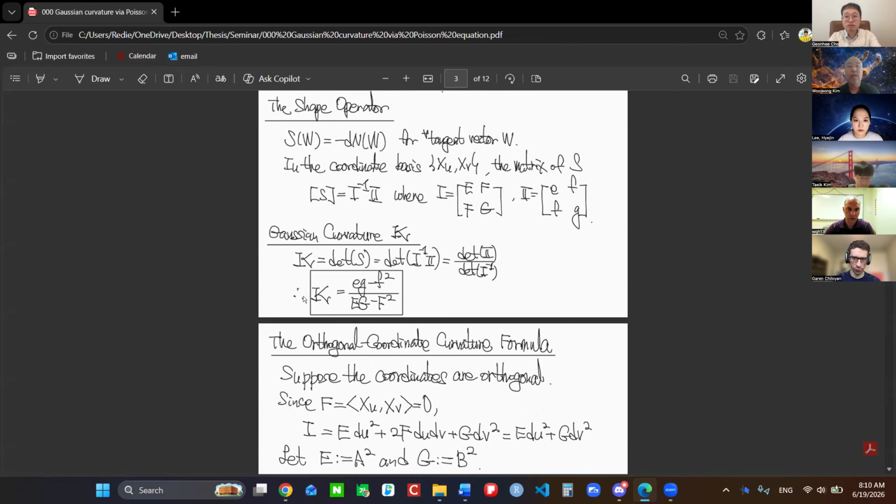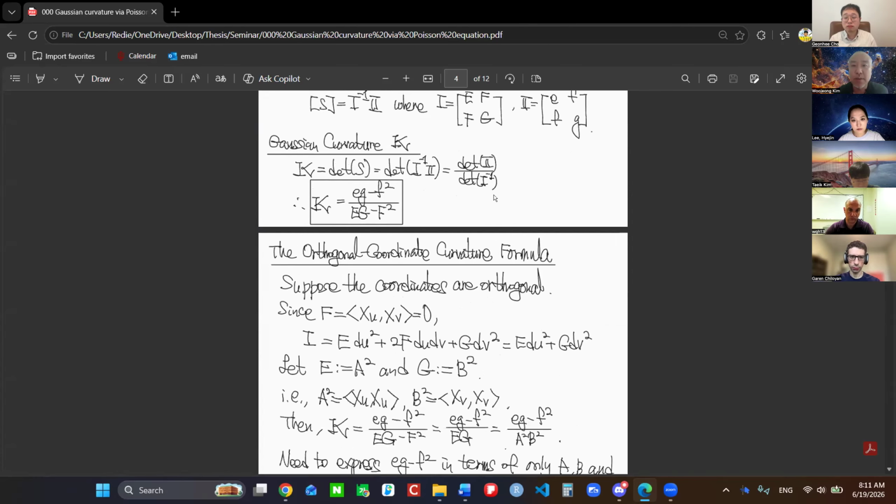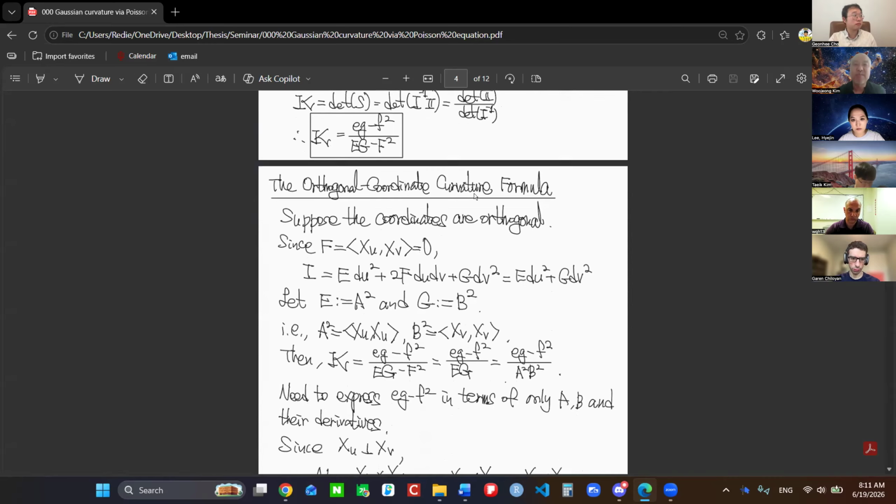We can find the Gaussian curvature as the determinant of the shape operator. So this is going to be the denominator, and this is going to be the numerator. So the Gaussian curvature is the determinant of the second fundamental form divided by the determinant of the first fundamental form.